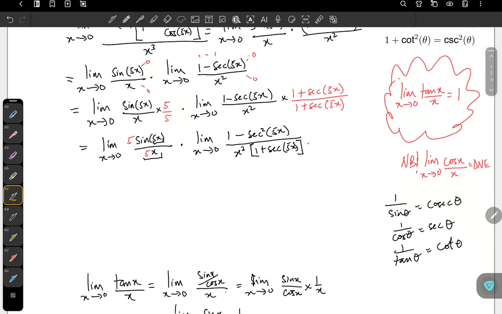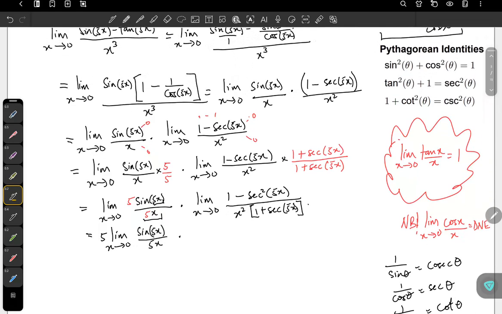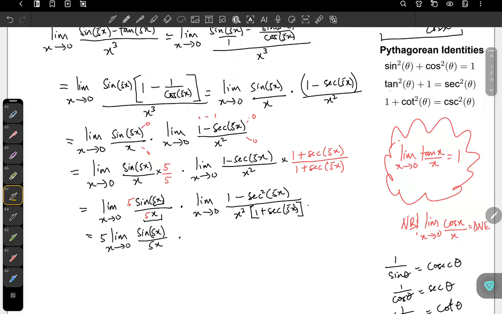At this point, 5 can come out since it is a constant, so we have 5 times the limit as x approaches 0 of sine 5x over 5x. We are happy because that is exactly what we want. Times, so one of the trigonometric identities, in the Pythagorean identities, is that tan squared theta plus 1 is equal to sec squared theta.